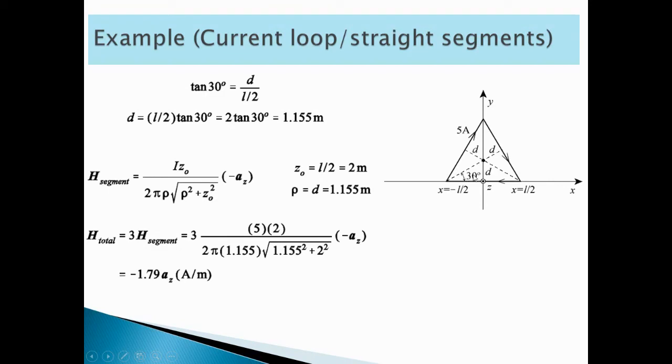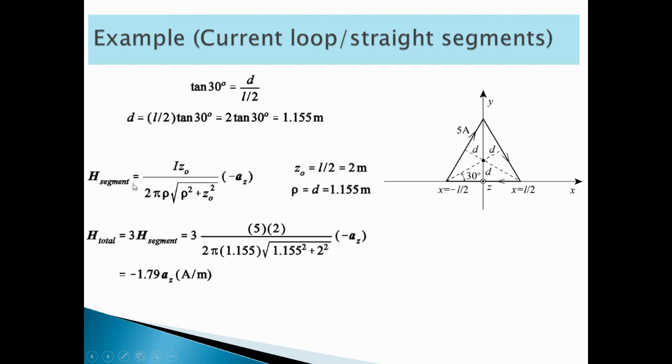By this law we know that tan 30 is equal to d divided by this, and we know L is equal to 4. So from here we can find the distance d, which is 1.155.